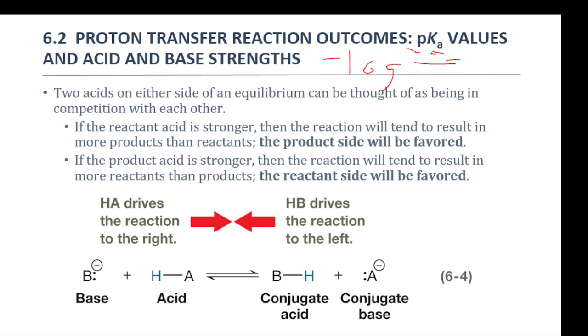Does anybody remember, is it large values or small values that tell you the products are favored for a Ka? Yeah, so the equilibrium constants were always the products over the reactants. So large values told you products were favored.